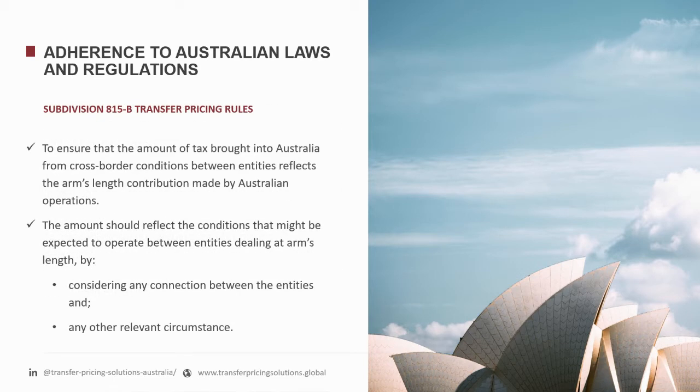Our local domestic legislation is Subdivision 815-B, which is the transfer pricing rules. Basically this is to ensure the amount of tax brought into Australia from cross-border conditions between entities reflects the arm's length contribution made by the Australian operation.